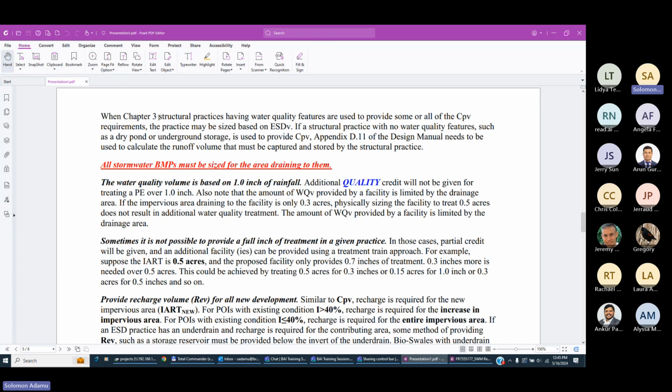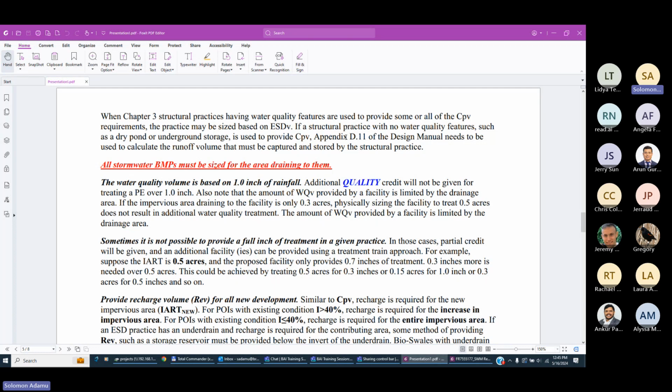So this is a bigger structure. If we use it, that means we can design it based on the ESDV, as if we are designing a small-scale practice like microbioretention or others.